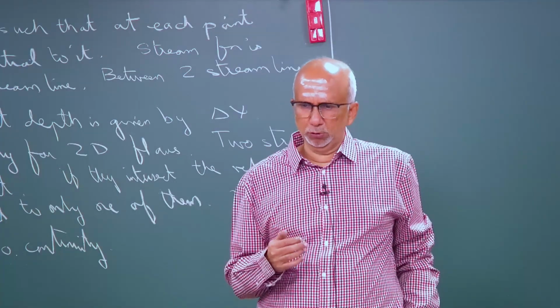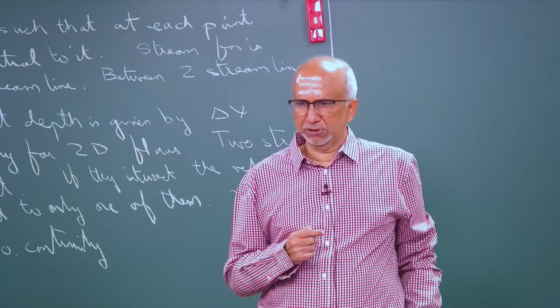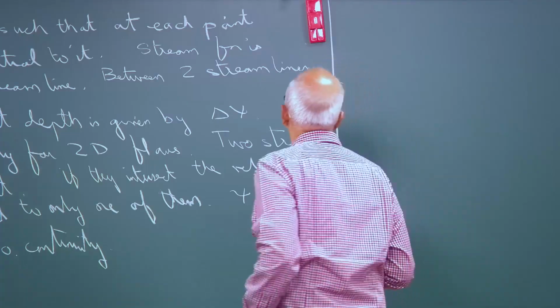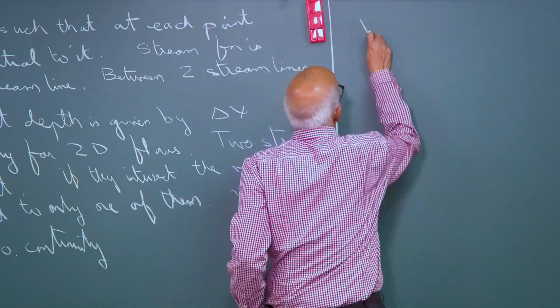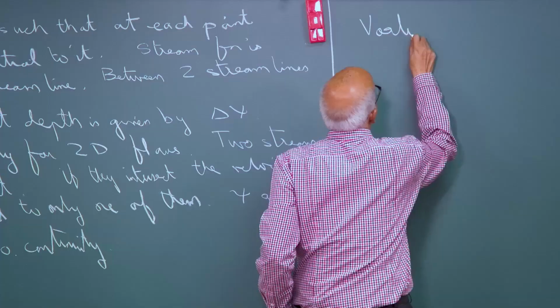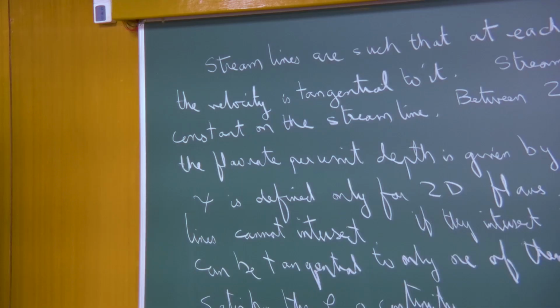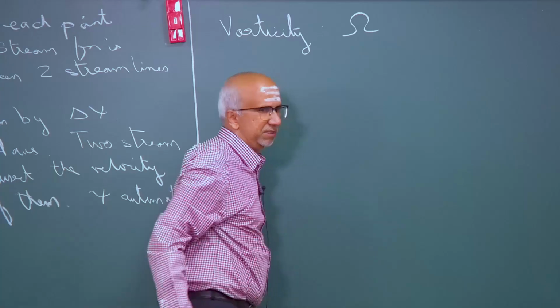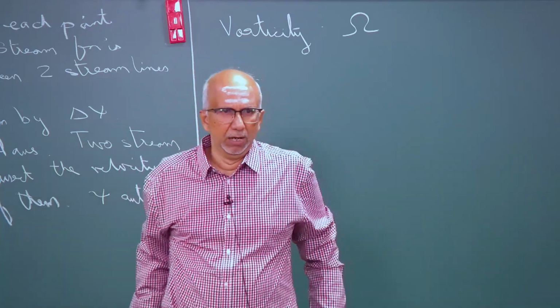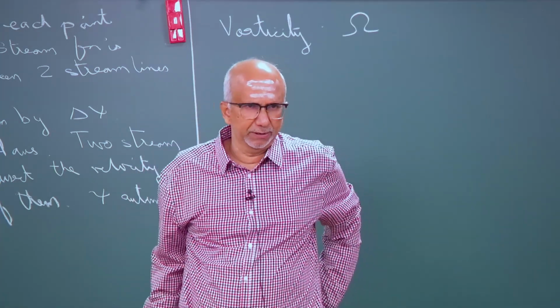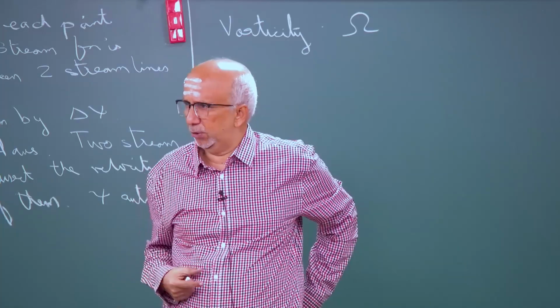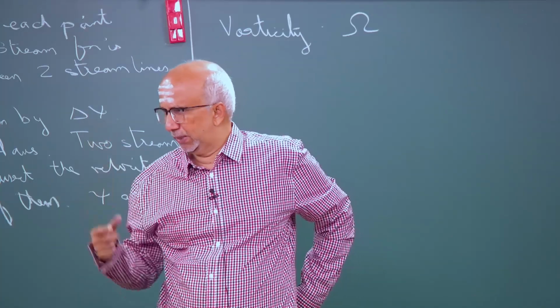And before we go to that, I want to introduce one more concept, and that is called the concept of vorticity. Okay. I am going to use capital omega for this symbol, because the small omega and w look the same.